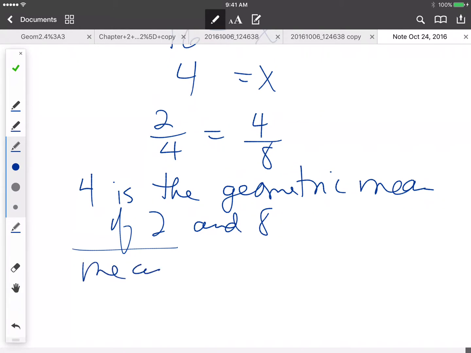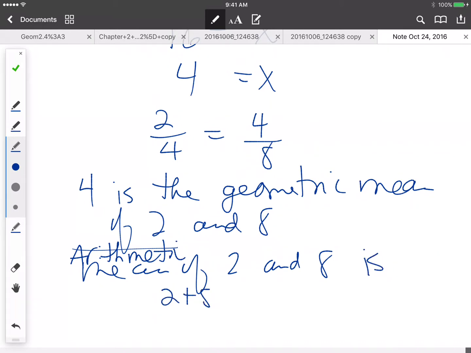So the mean of 2 and 8, or the arithmetic mean, is (2 + 8)/2, better known as 5, because 5 is halfway between 2 and 8. But 4 is the geometric mean of 2 and 8.